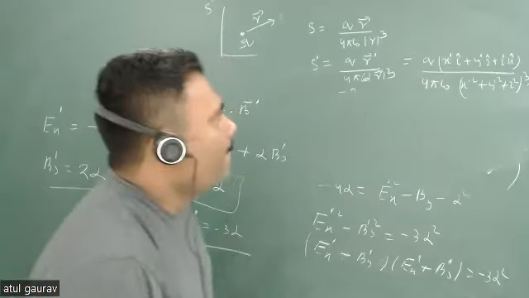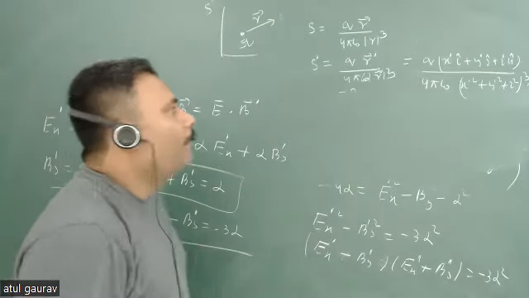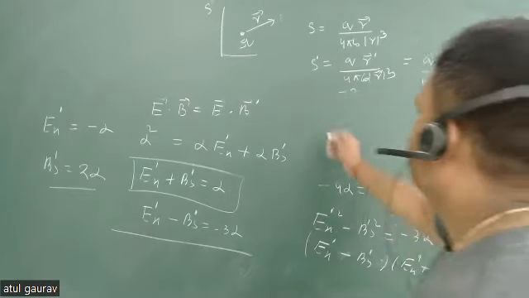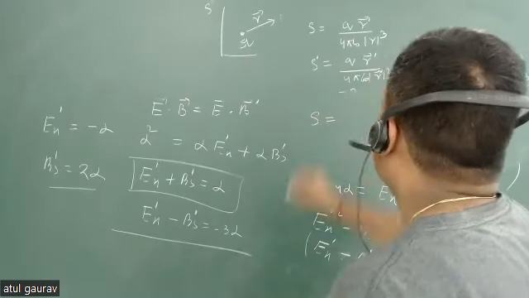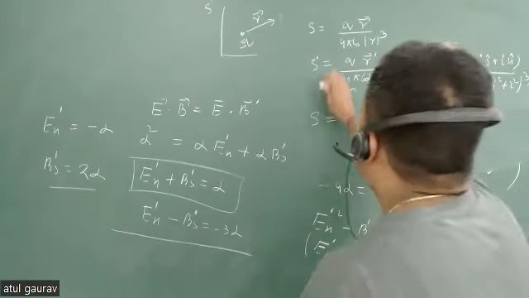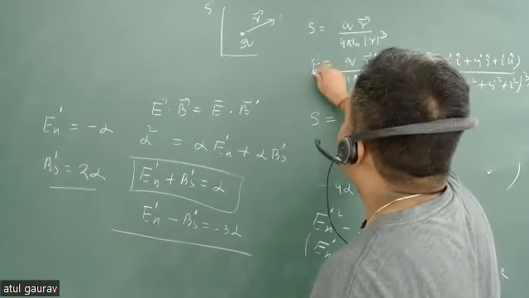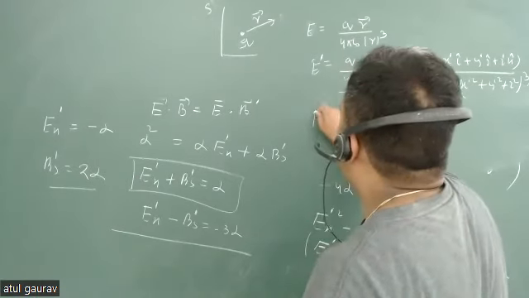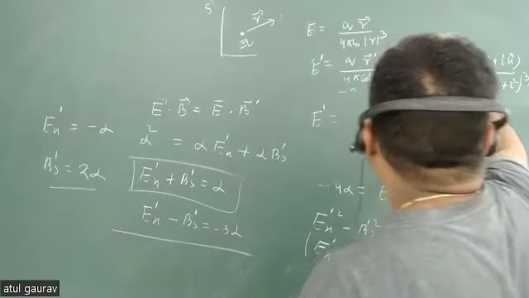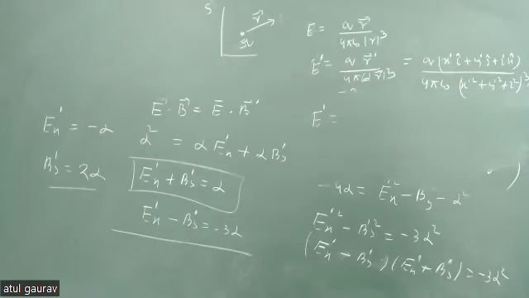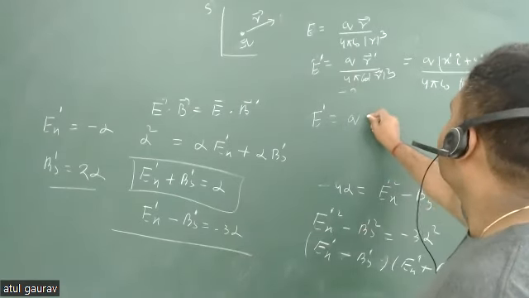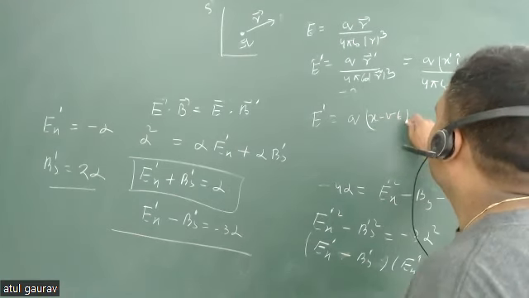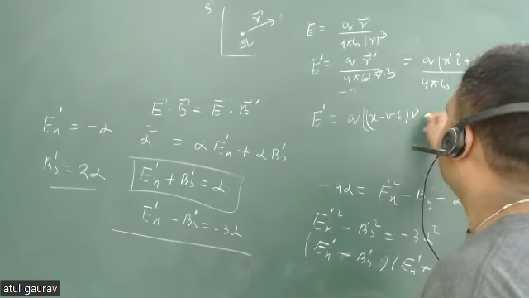Is this clear? Now how will you write this in the form of x? This is the electric field E dash; how will you write it in terms of S? So this x dash can be written as what? X minus vt into gamma, isn't it?